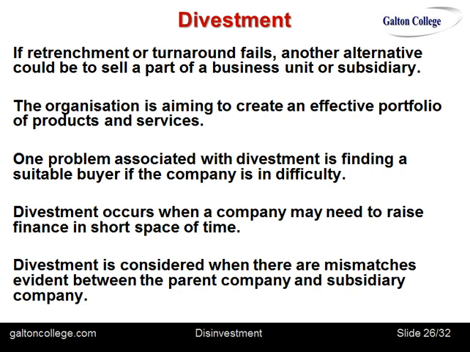The company may sell off the subsidiary and get out of that line of production. So we have the three approaches: retrenchment, turnaround, and divestment, all trying to slim down the business and perhaps turn around the business and address issues.